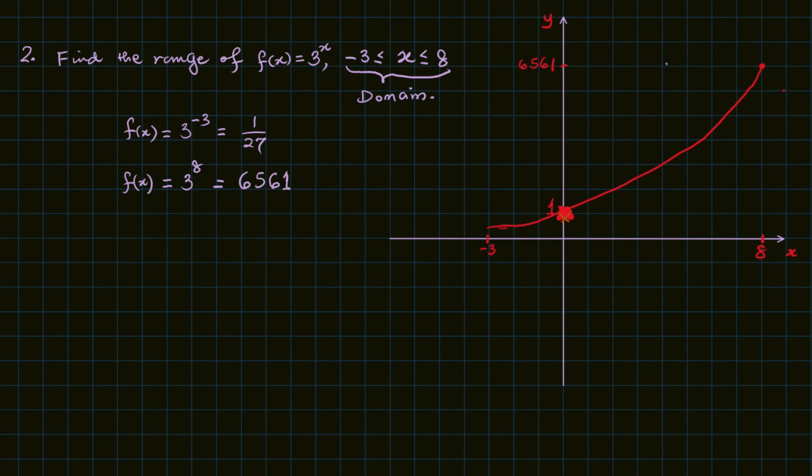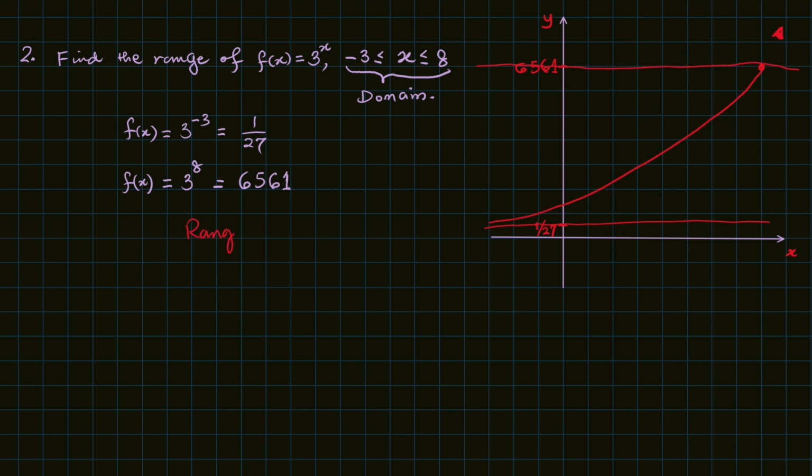So if we now decide what the range is, what we need to do is to look at the lowest value of our y, which is 1 over 27, and then also look at the highest value of our y, which is 6,561.